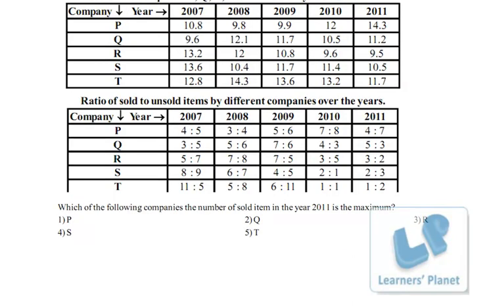In which of the following companies is the number of sold items in year 2011 maximum? In year 2011 again we have a decimal at one place, so I just remove the decimal. Year 2011, P is 143, and sold items in year 2011 is 4 by 11. For Q it's 112, and sold items is 5 by 8.